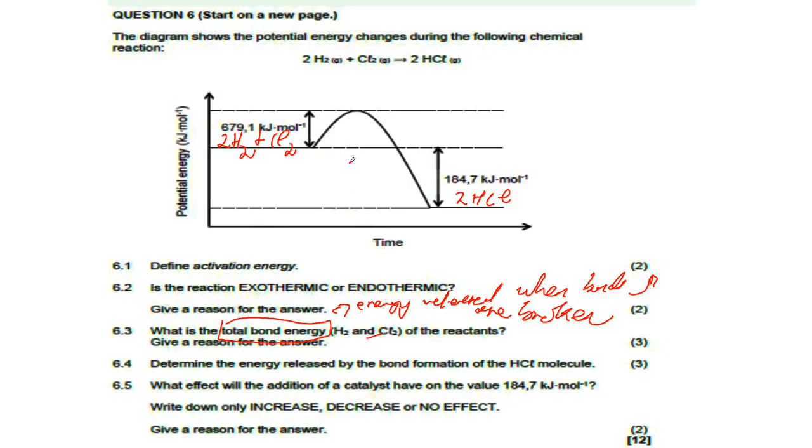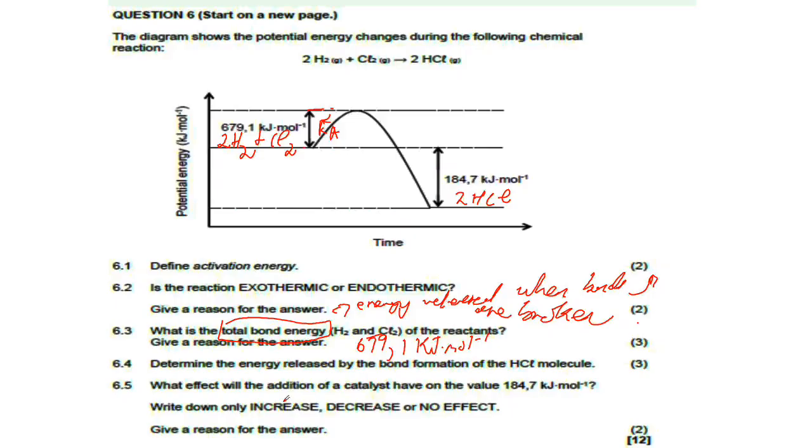So in other words here, what are we looking for? We are looking for the activation energy, which is already indicated here. Remember, the activation energy of an exothermic reaction is all the way from the reactants to the activated complex. This is what is showing you the activation energy. So for this part here, you only need to say 679.1 kilojoules per mole. And then what is your reason? You say this is the energy released when bonds are broken, which is similar to activation energy.